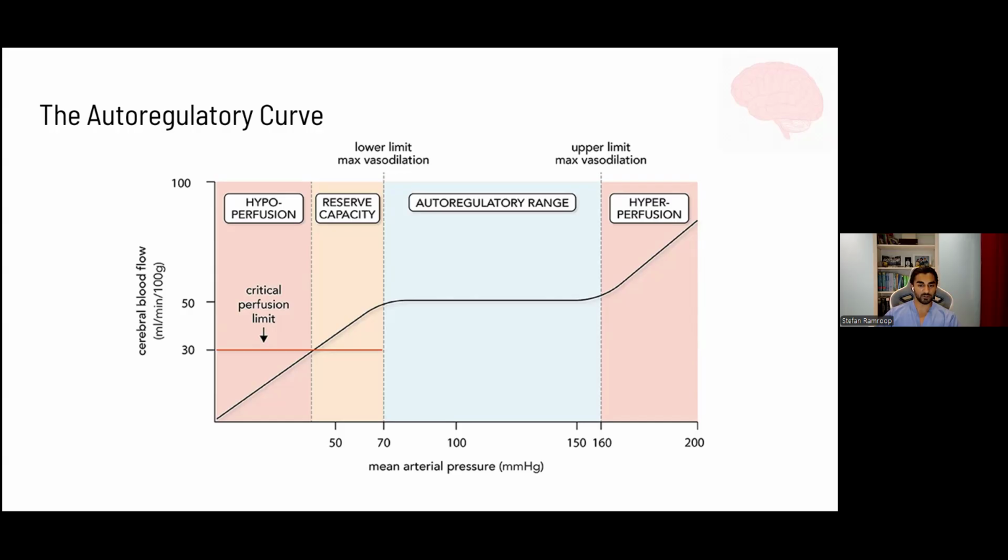When autoregulation is lost, for example in severe TBI or diffuse brain swelling, the curve becomes a straight pressure-passive line. So as blood pressure rises and falls, blood flow follows, and patients are directly at risk from that. The pressure would result in increased ischemia and edema rapidly, without the brain being able to compensate for it.